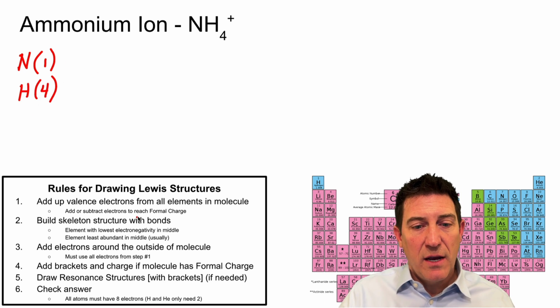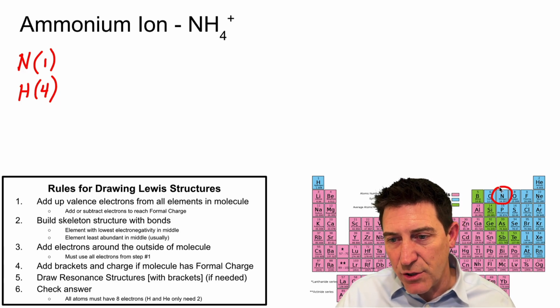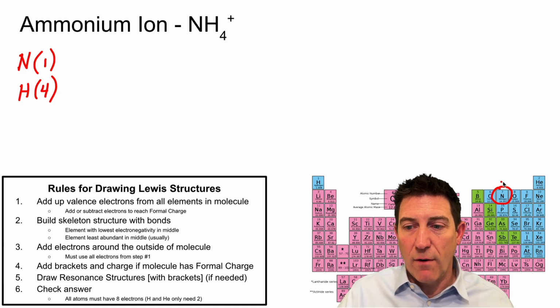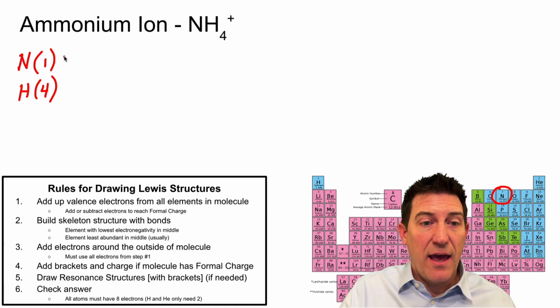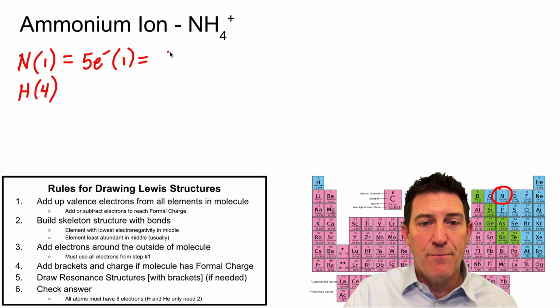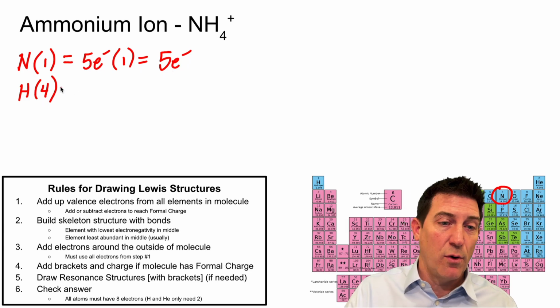Then I come over and I find them on the periodic table. There's nitrogen. Nitrogen is in group 5A. So every nitrogen has 5 valence electrons. We have one of them that's going to show up to our little party that we're going to start here, which means nitrogen is bringing 5 valence electrons to our party.